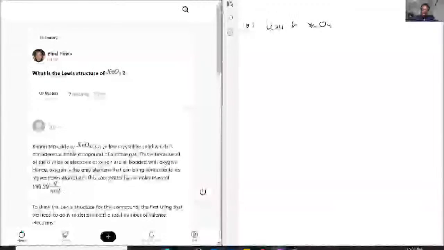So xenon, actually start with oxygen first. Oxygen has 6 valence electrons, meaning in this case it will be contributing 24. Now with the xenon, it actually already has 8 valence electrons, meaning that it's completely filled.